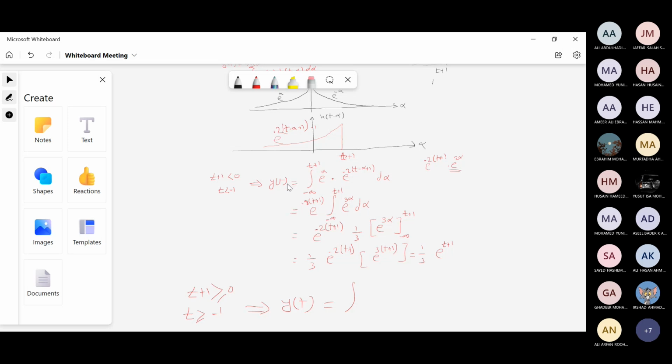Well, it is again integration from minus infinity to plus infinity.